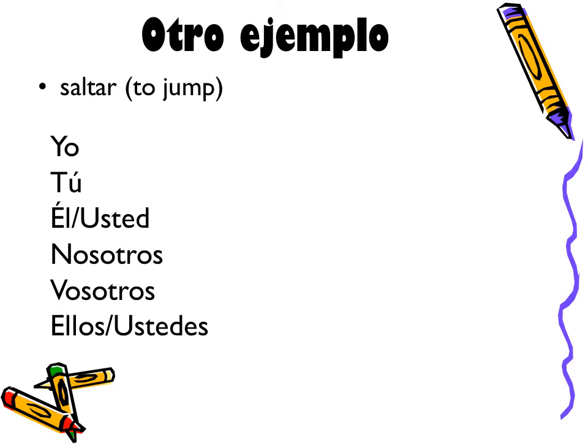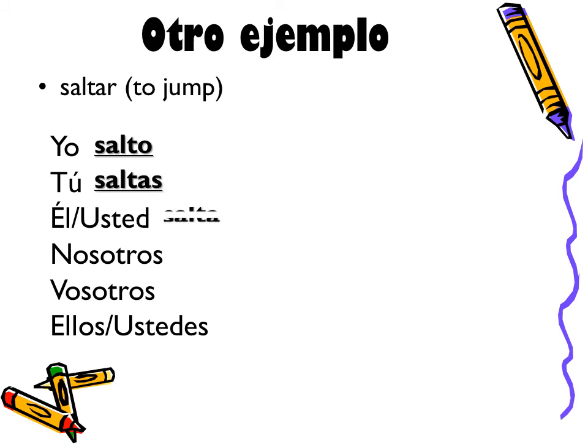Okay? So now this time again, you're going to do it on your own. Remember, first step, drop the ending. And the second step is to add the correct one. Ready? So for yo, we would have salto. For tú, we would have saltas.